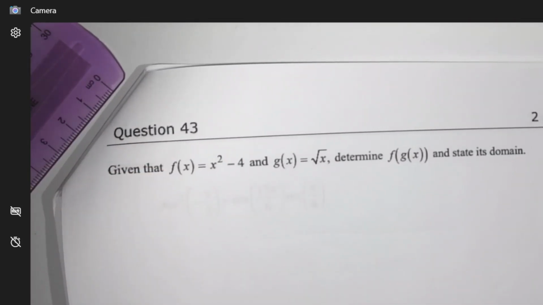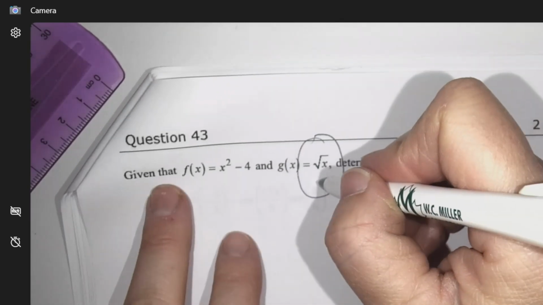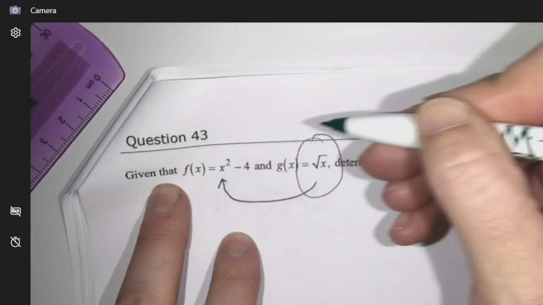Okay, we have a composite function. So we're going to be putting the g into the f. So we're going to put this into the f.